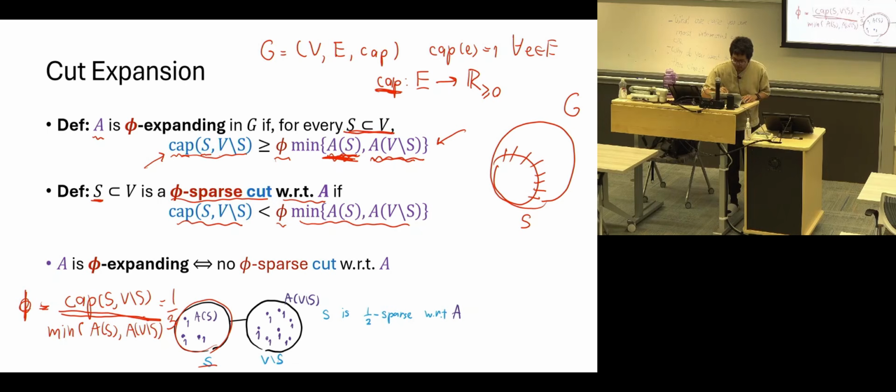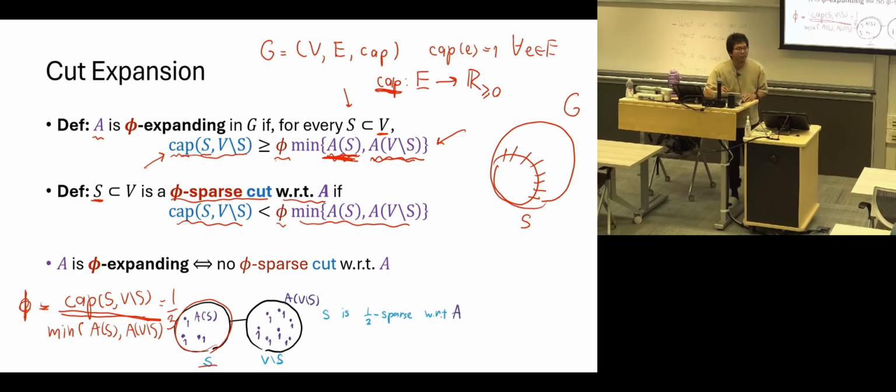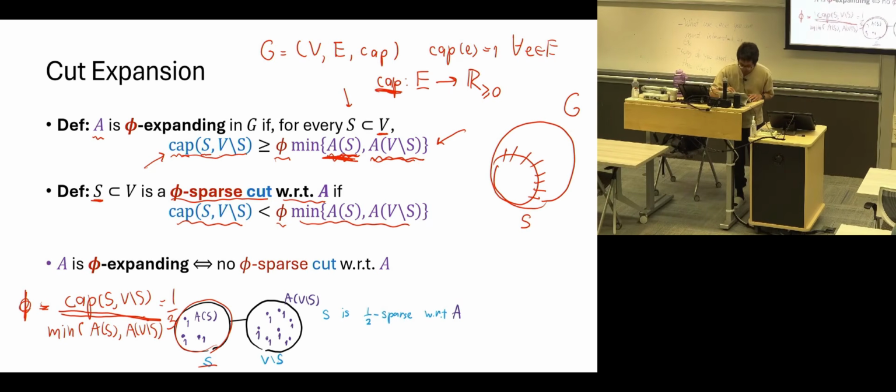Here I only look at a set S such that it doesn't contain all nodes. If the graph has only one node, then there is no such cut basically.